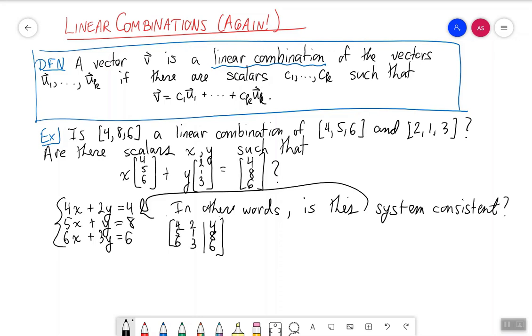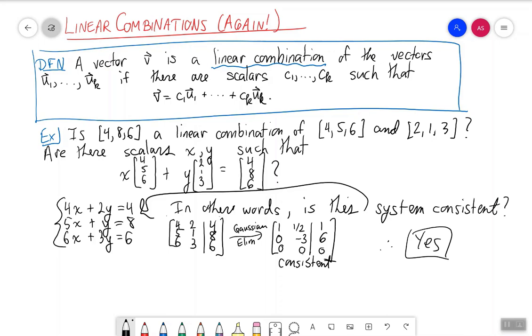One can show using Gaussian elimination, I'm not going to do the steps, that this is row equivalent to the row echelon form matrix 1, 1/2, 1, 0, -3, 6, 0, 0, 0, which is consistent. So our original system is consistent, and therefore the answer is yes.